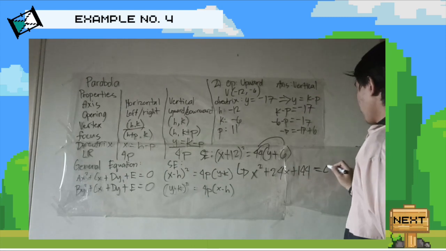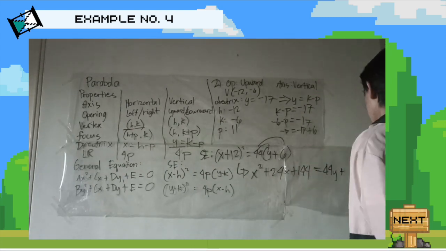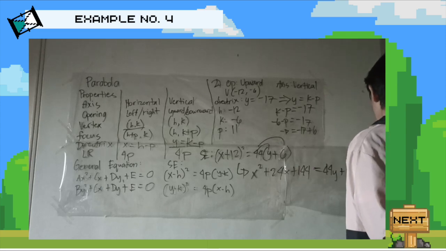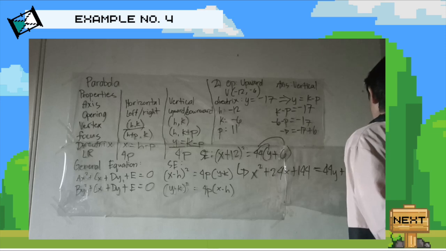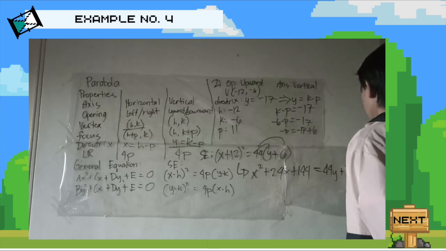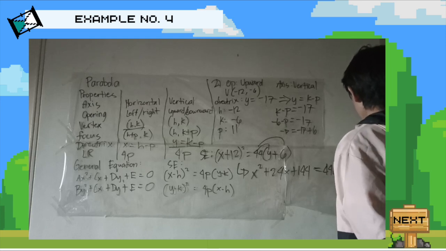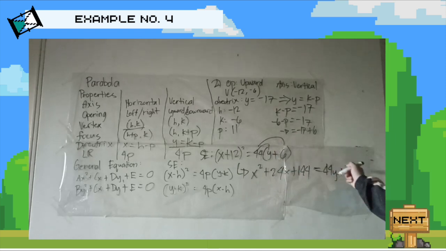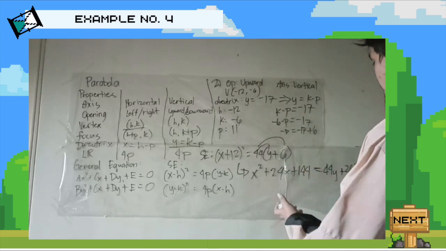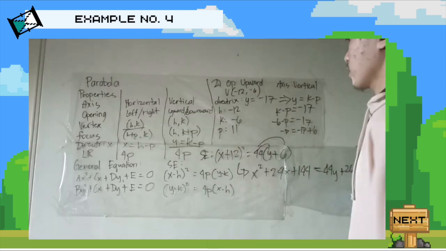That is 44y plus 44 times 6, that is 264, because 44 times 6 is 264. Then you just have to move the right hand side to the left hand side to get the general equation.